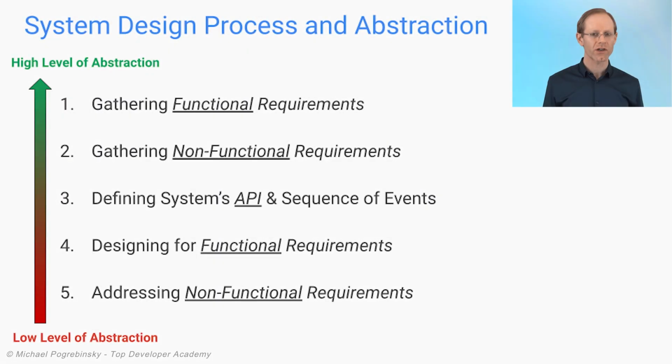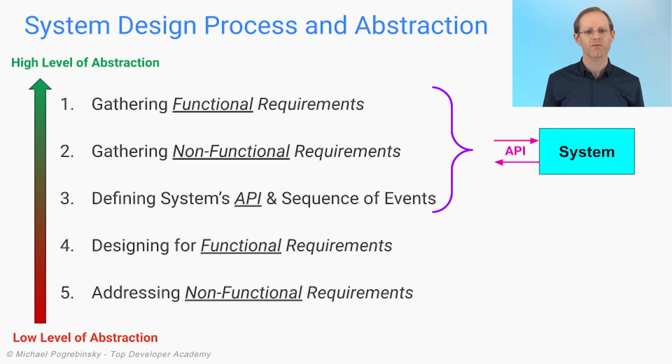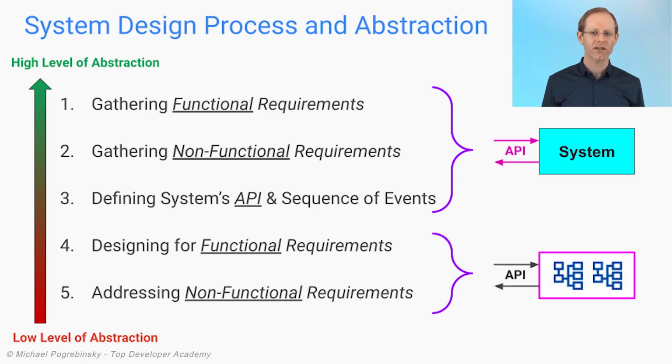It's interesting to notice that the first 3 steps in our process define our system from different angles externally as a black box. And in the final two steps, when our system is well defined externally, we go down one level of abstraction and fill in all the details to fulfill those functional and non-functional requirements in the system's API.